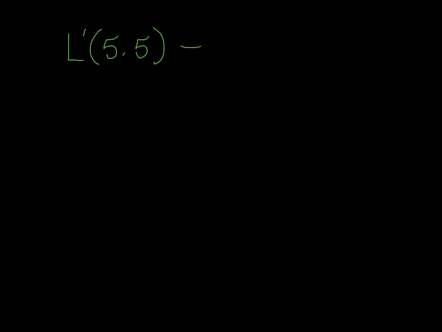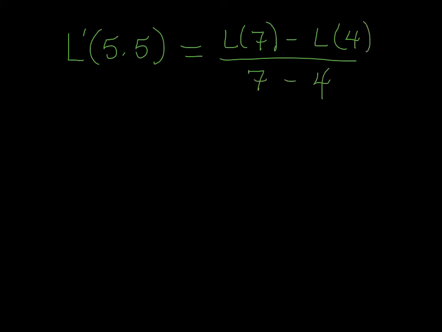And again, we go to the chart and we look at one x value above 5.5, which would be 7, and one x value below 5.5, which would be 4. Then this would be over 7 minus 4. And again, we find L of 7 in the chart, which is 150.